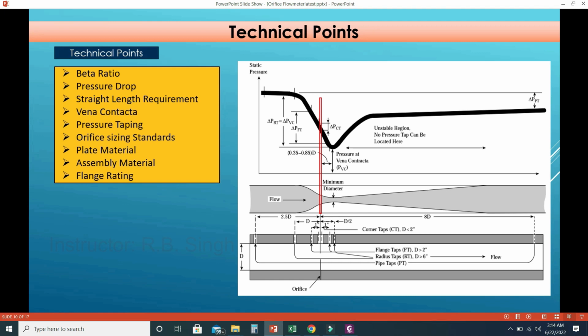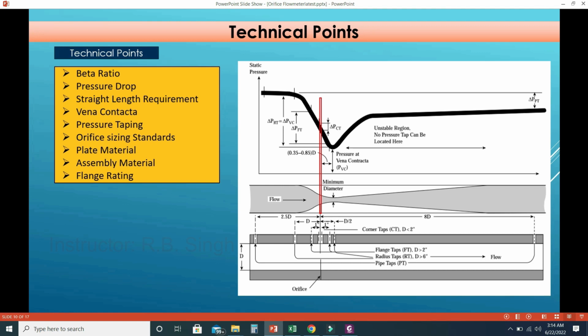Plate material. Normally plate material is available in different materials, like stainless steel 304, 316, 316L, or Monel or Hastelloy. But generally we prefer stainless steel only, because for Monel types of material, the cost of the orifice plate will be too much. Sometimes we can use it, but normally we do not prefer.